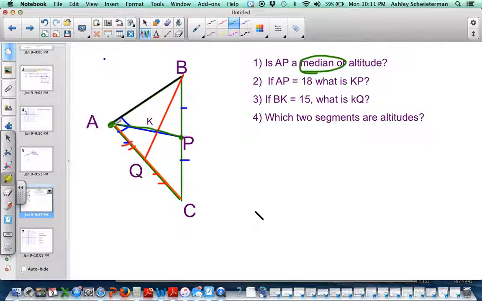If that median is 18, what is KP? We know something about this part. We know that from the vertex to the centroid, so A to K, is equal to 2/3 the whole median.